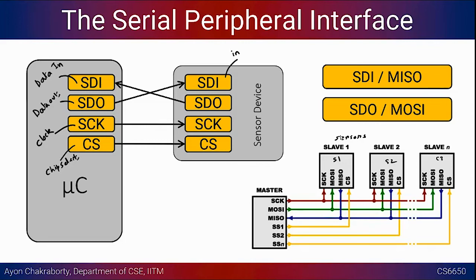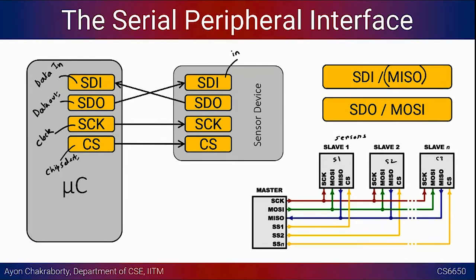Different protocols might even allow multiple masters, but that is not the main purpose. Here, the most common way we interface is having a single microcontroller master, and then lots of sensors which are slave devices, and all of them will have these inputs: the clock, data in and data out.